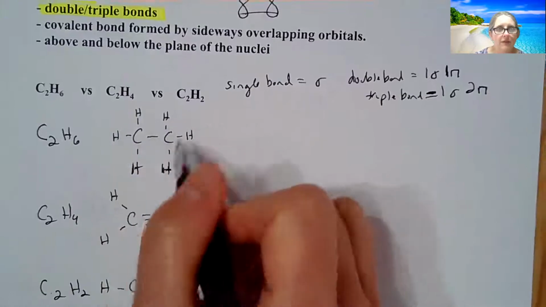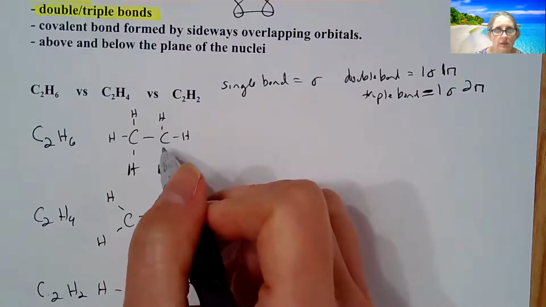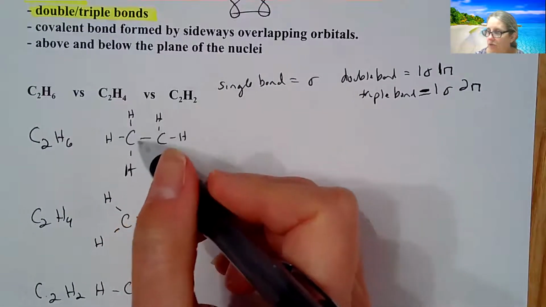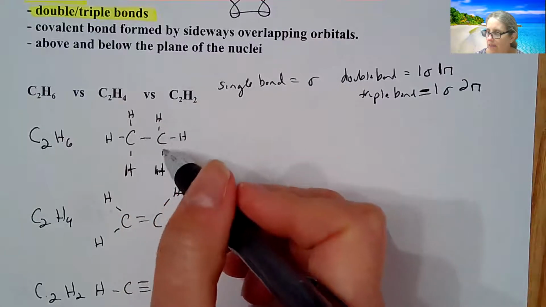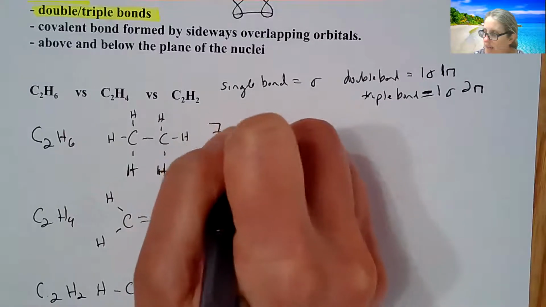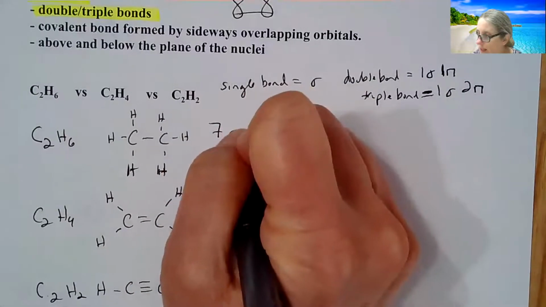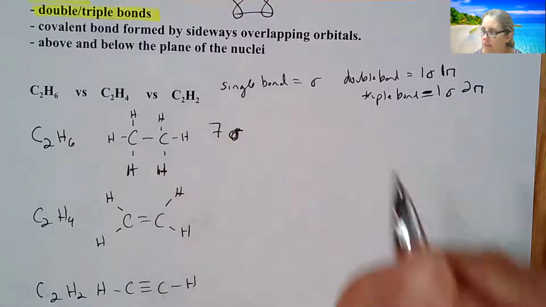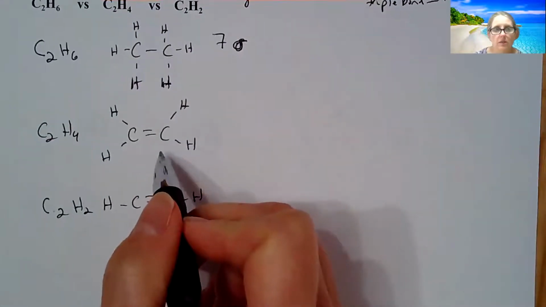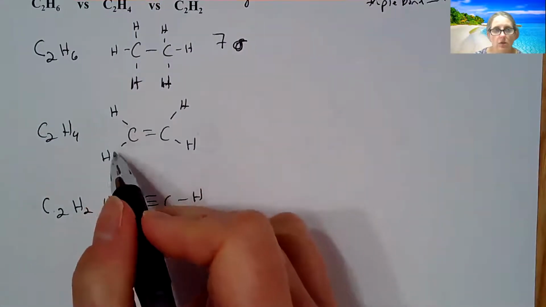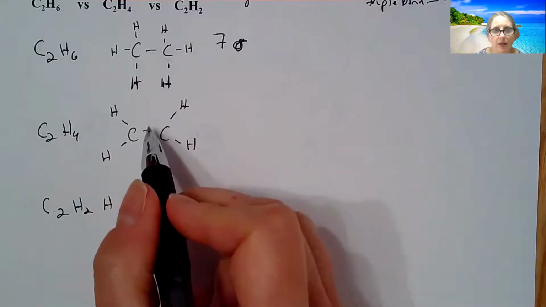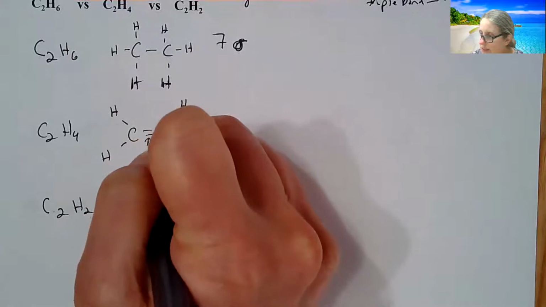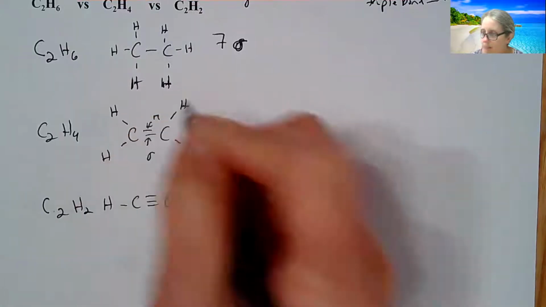So if I take, for example, C2H6, I'm going to look at each one of these single bonds. Okay, so I have 1, 2, 3, 4, 5, 6, 7. So I have 7 sigma bonds in the whole molecule. If I go to C2H4, I have 1, 2, 3, 4 sigma bonds. But in a double bond, this bottom one is the sigma, the top one is the pi bond.